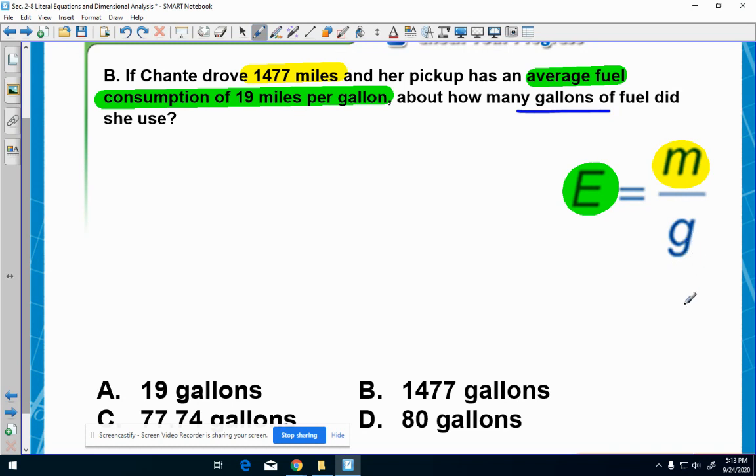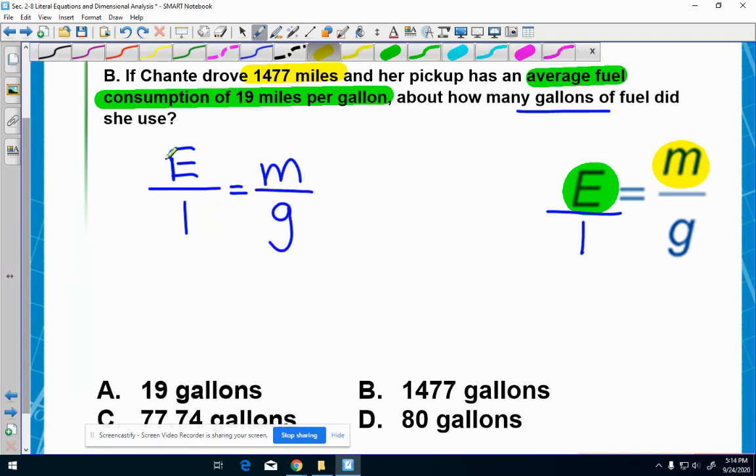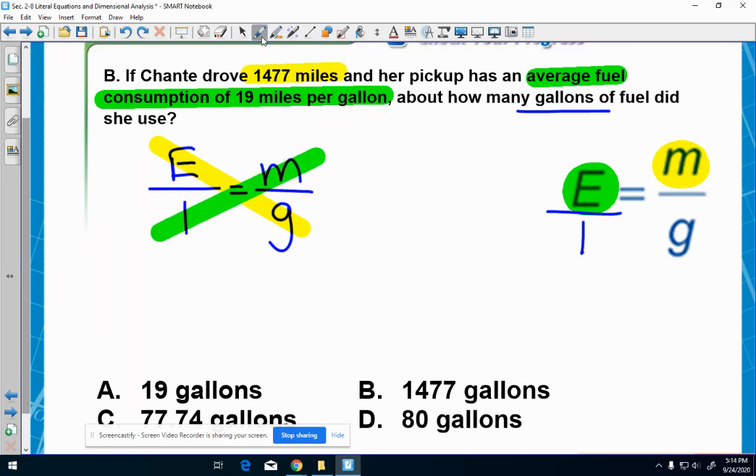So I'm trying to get G by itself. Now, here's a nice little trick that we learned about proportions. Remember, cross products in proportions are equal to each other. So if I slide over here for a second, E over 1 has to be the same as M over G. And remember, these diagonals have to equal each other, which means you're allowed to switch the position of anything that's highlighted as long as it stays in the same color.